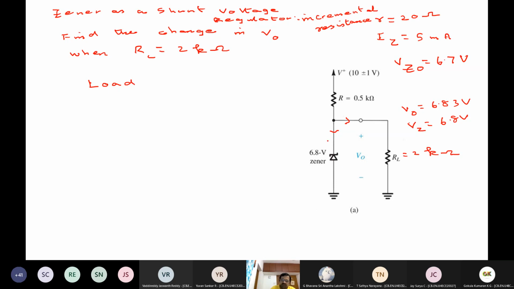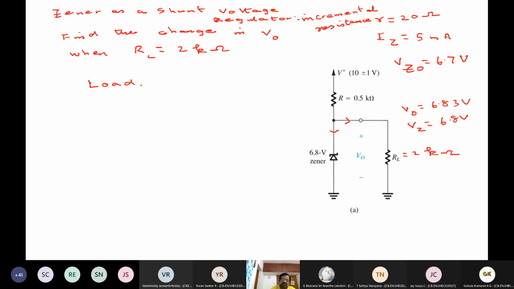It is going to reduce the current over here, whatever current goes through the load, that much current will be reduced here. So that much voltage change will happen at the output terminal. So we have to start with VC as 6.8, because V naught is going to change. That is without the load.